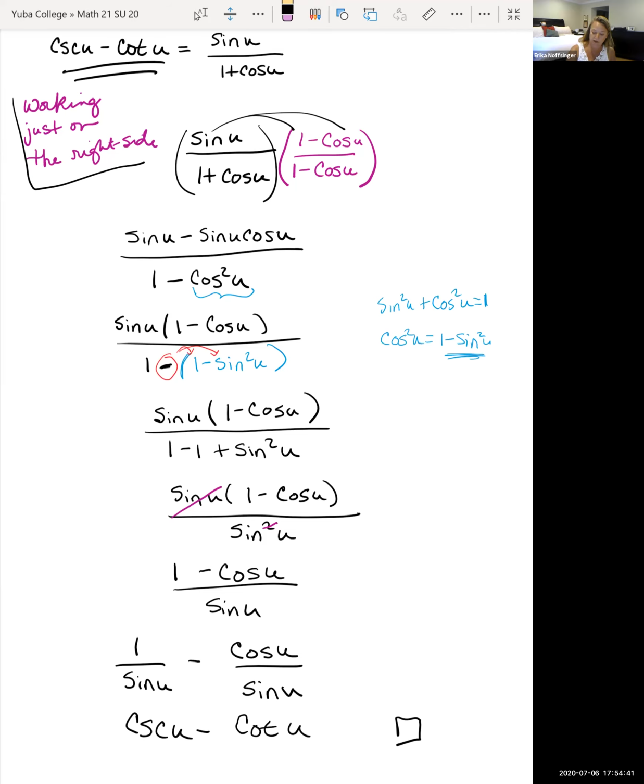Okay, so last week we were working with equations. Again, I was saying equations and identities are different. With these identities we're just trying to manipulate one side and make it look like the other. With the equations, we were doing things to both sides of our equation to get our variable by itself, to be able to solve for our variable.